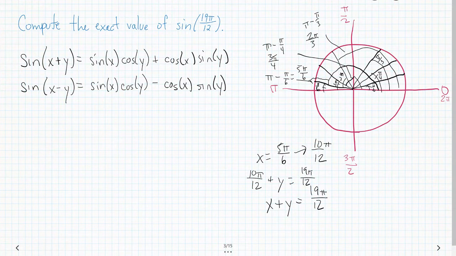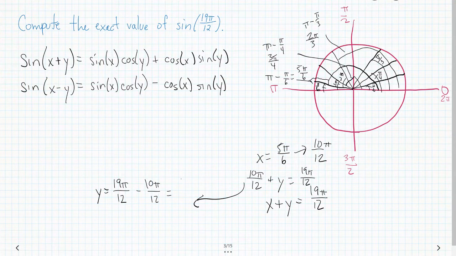Now, you might see something fancy happen here. I'll talk about why we made such a selection as this one. It does take a little bit of practice there. So if you subtract 10 pi over 12 from both sides, notice you get y equals 19 pi over 12 minus 10 pi over 12.